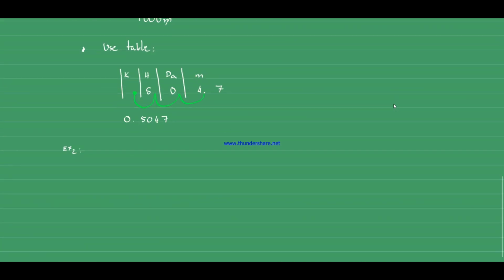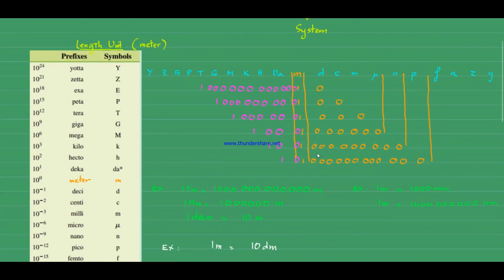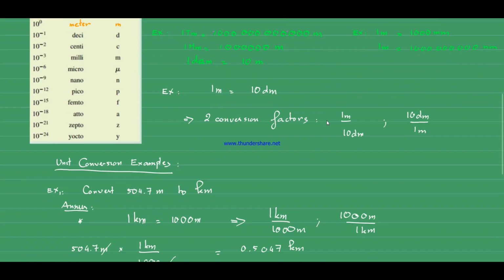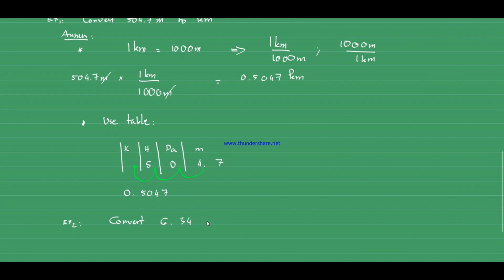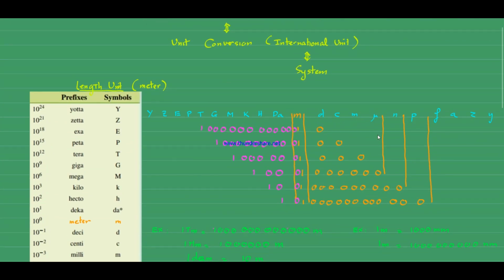So what if I want to convert 6.34 decimeter to, let's say, nanometer.